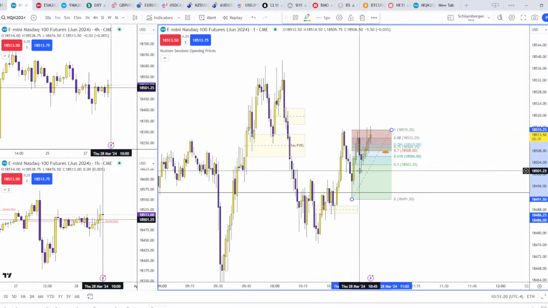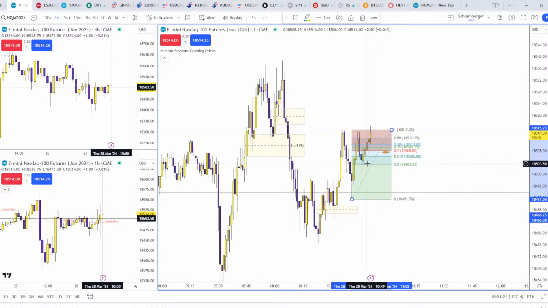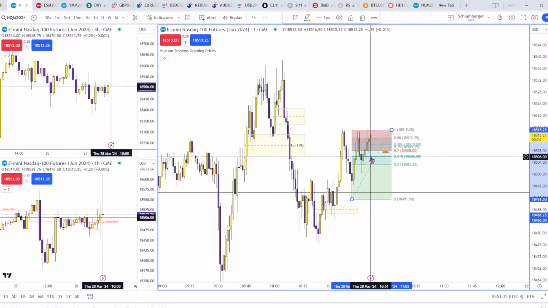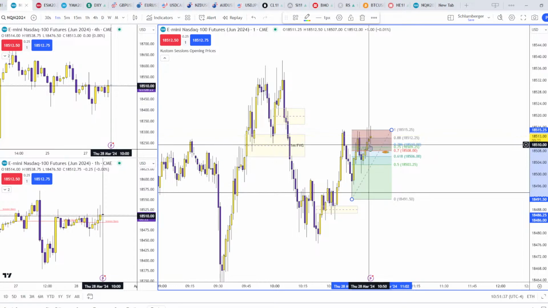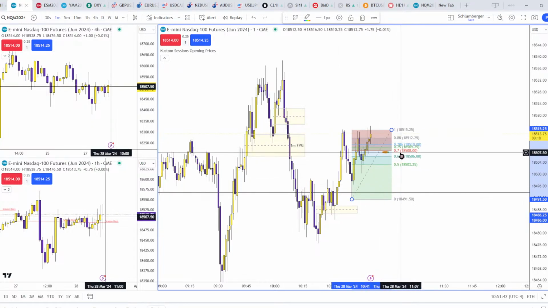So you get right in here. As soon as it gets to 50%, move yourself to break even. And then as soon as it gets to 62, move to 50. It goes up to 70, move to 62. And you keep trailing your stop loss over super quick.